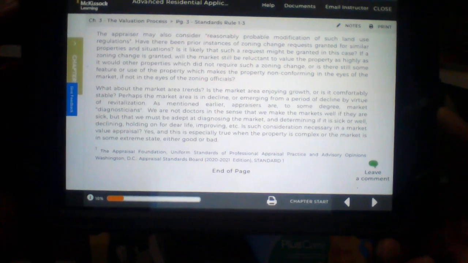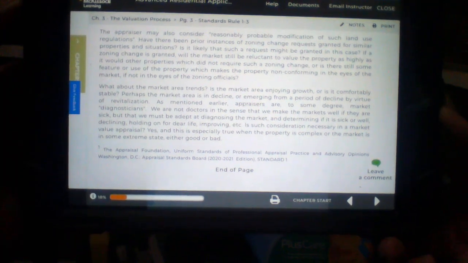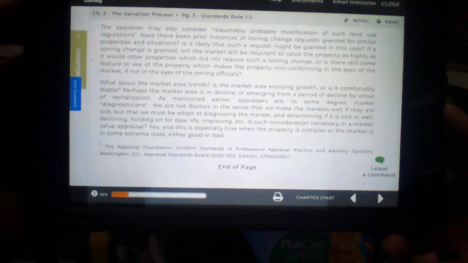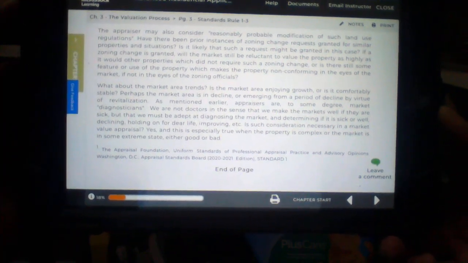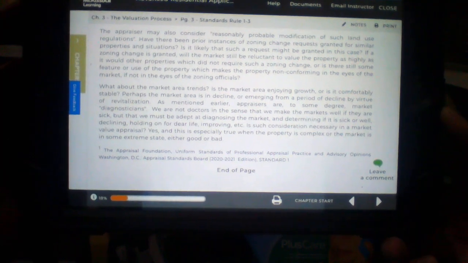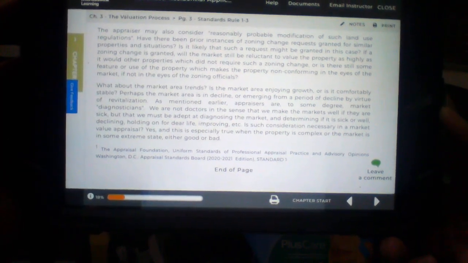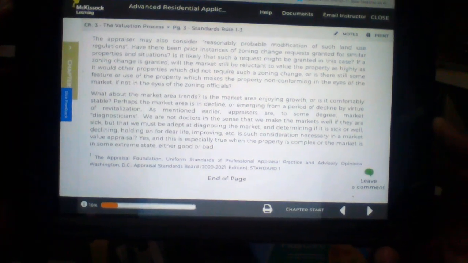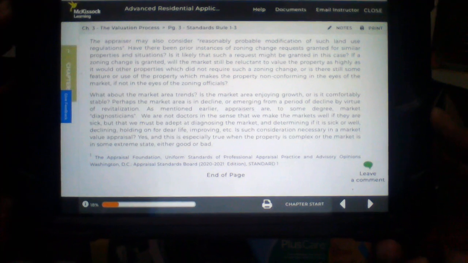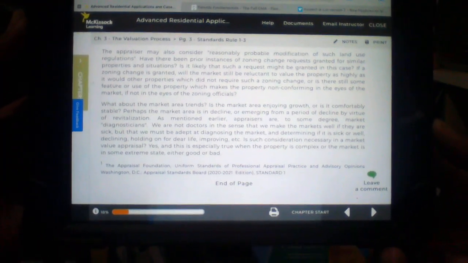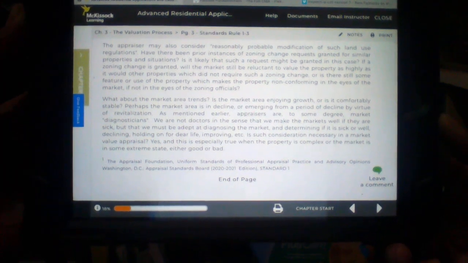What about the market area trends? Is the market area enjoying growth, or is it comfortably stable? Perhaps the market area is in decline or emerging from a period of decline by virtue of revitalization. As mentioned earlier, appraisers are, to some degree, market diagnosticians.